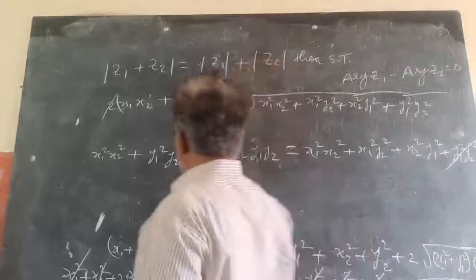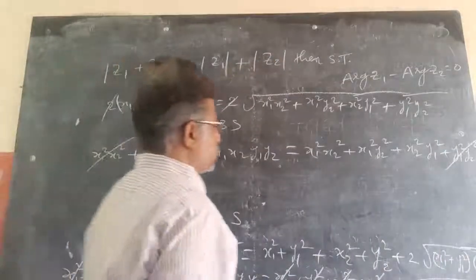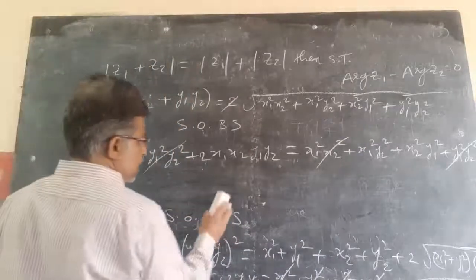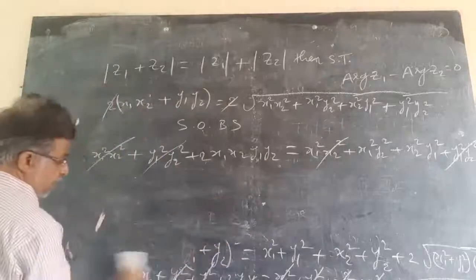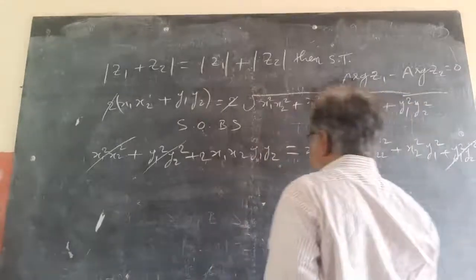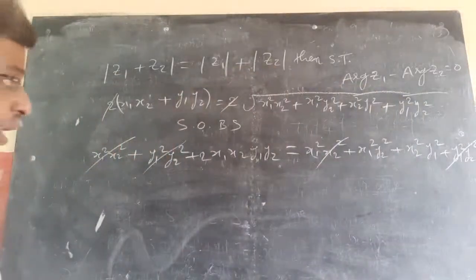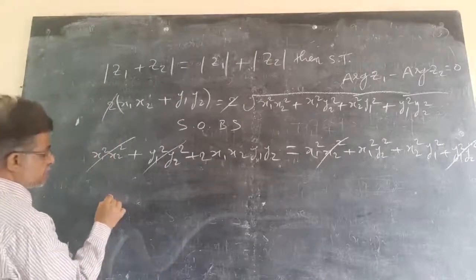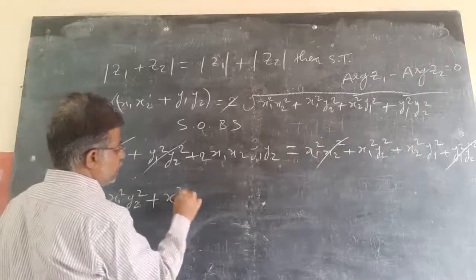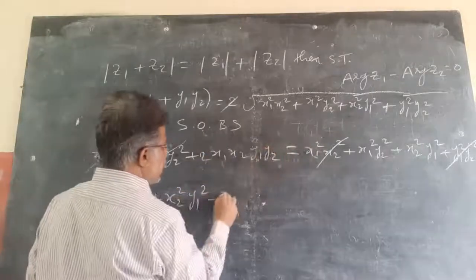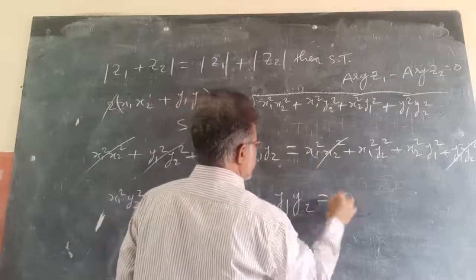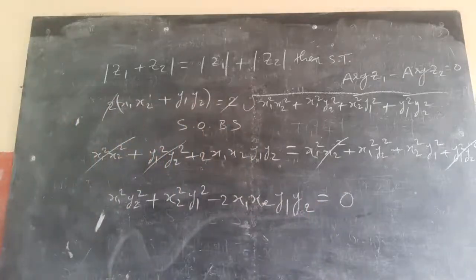The x1 square x2 square and y1 square y2 square terms get cancelled. So what is left out is, bringing this to that side, x1 square y2 square plus x2 square y1 square minus 2x1 x2 y1 y2 equal to 0.